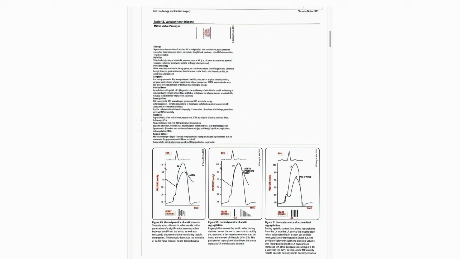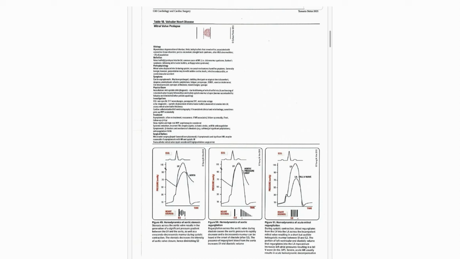Figure 51 shows hemodynamics of acute mitral regurgitation. This final figure illustrates acute mitral regurgitation. During ventricular systole, blood regurgitates from the left ventricle into the left atrium through the incompetent mitral valve. Notice several important findings.